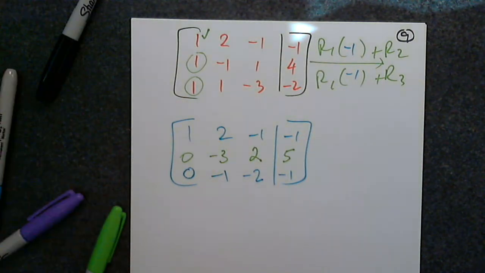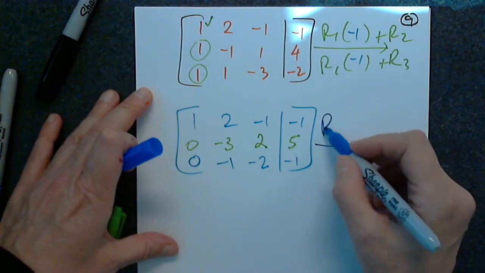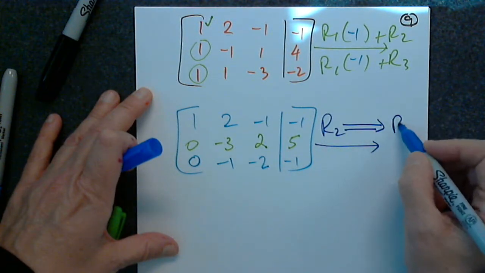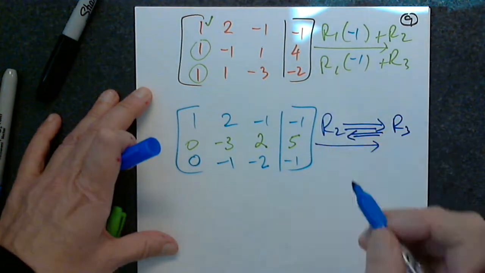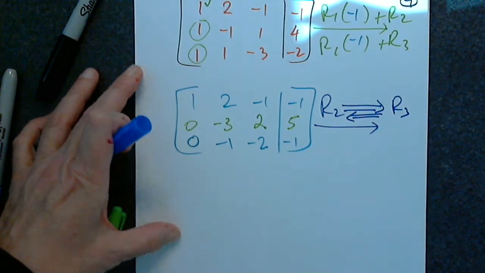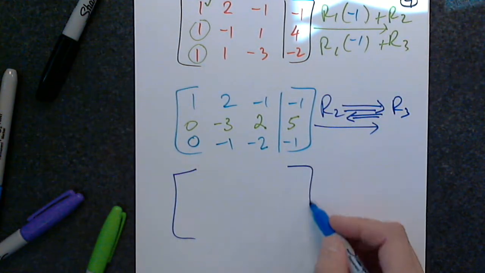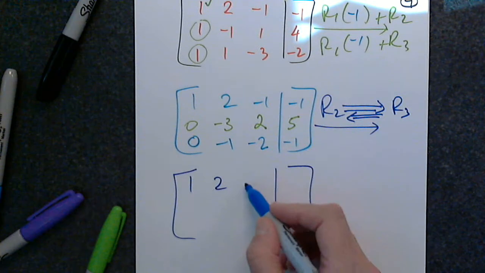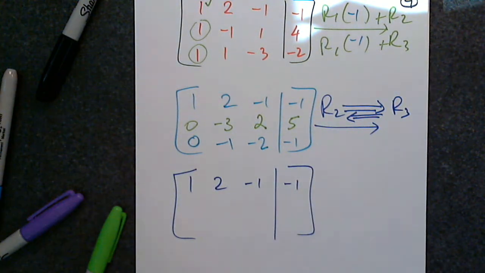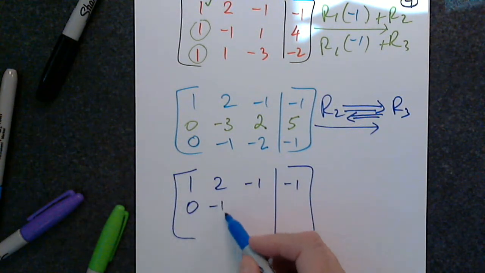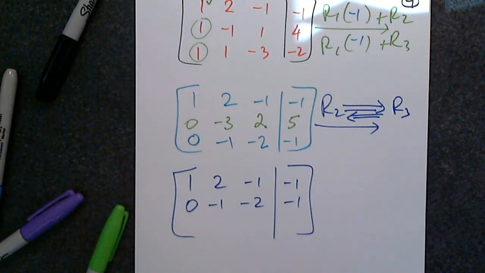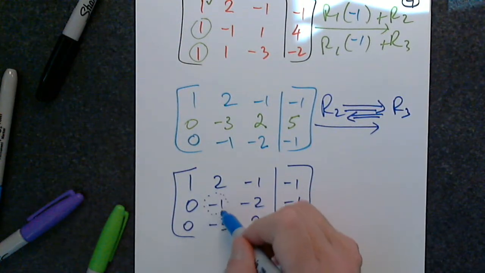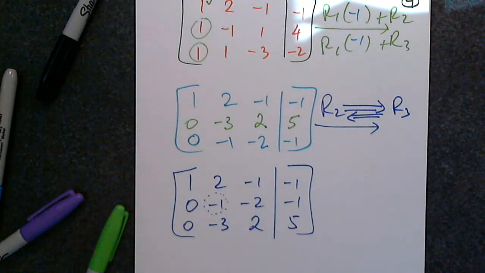So here I'm going to say this. Row 2 becomes row 3 and row 3 becomes row 2. So I copy 1, 2, -1, -1, and 0, -1, -2, -1, and 0, -3, 2, and 5. And now I need to obtain a 1 here, not a -1.